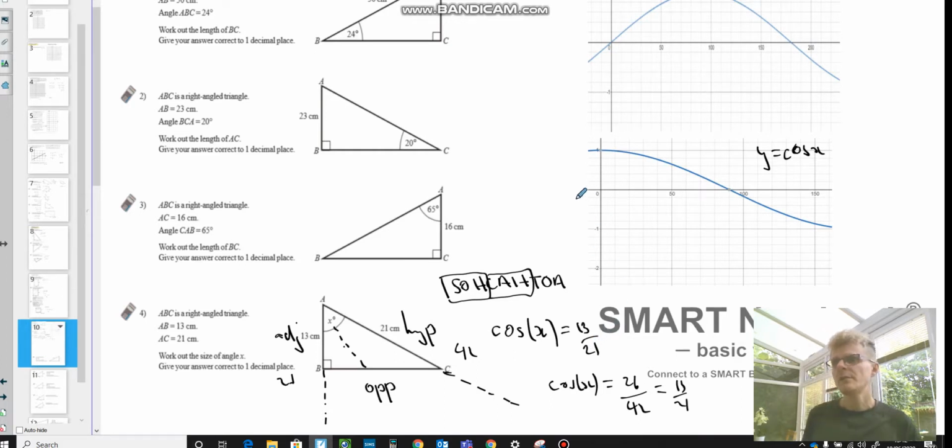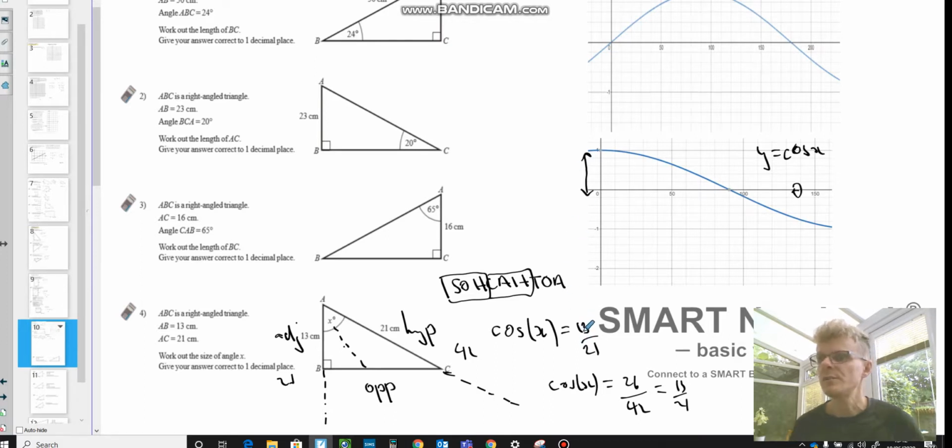Okay, so this is what happens on the graph, and this is why we can graph it. This is the cosine graph, and along the x-axis here are the angles in degrees, and up the side here is the relationship between the two chosen lengths, which in this case are the adjacent and the hypotenuse.